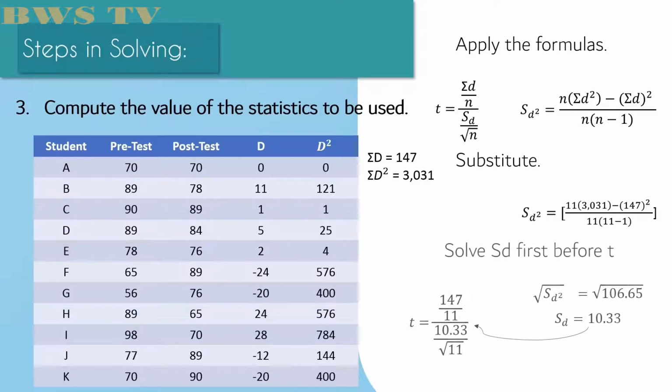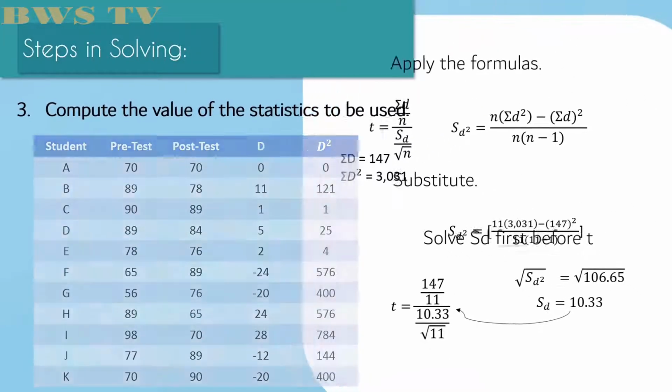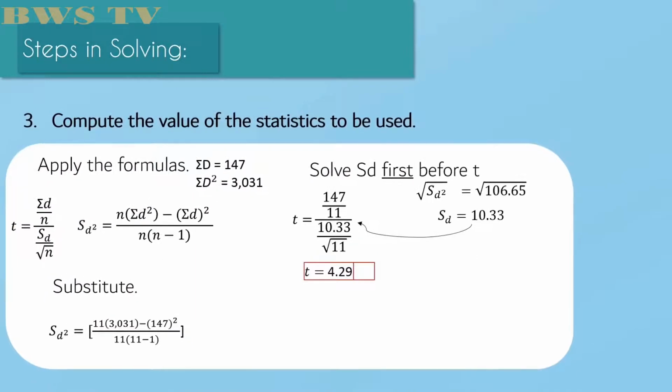You have to look for the value of s sub d first. s sub d squared is equal to 11 multiplied by 3031 minus 147 squared, over 11 multiplied by 11 minus 1. The t then is equal to 4.29.